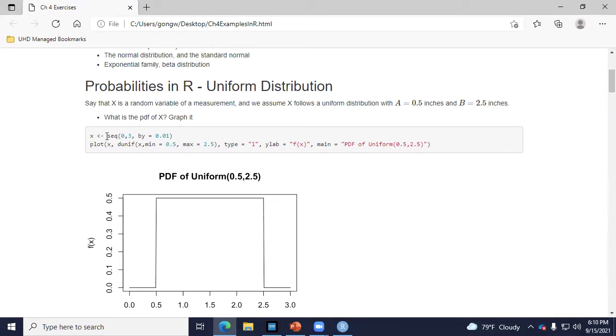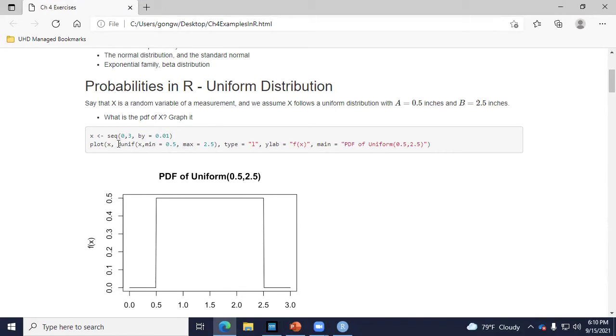In order to do a plot, you would have to get two vectors in R: one being the vector on the x-axis, one being the vector on the y-axis. So I'm creating an x vector, which is a sequence of data with an increment of 0.01, from 0 to 3.